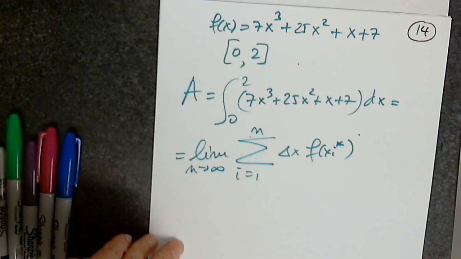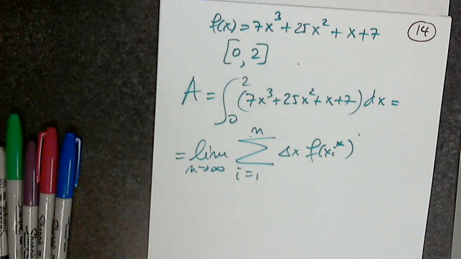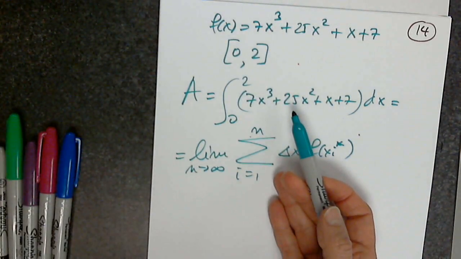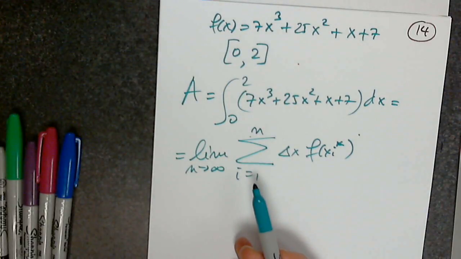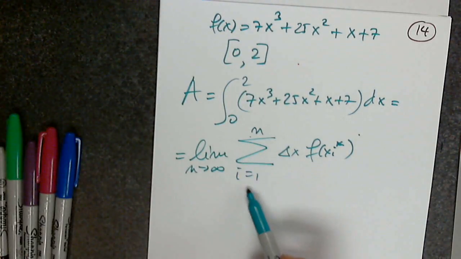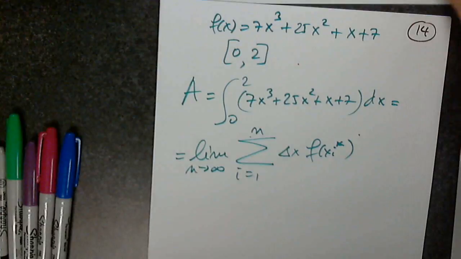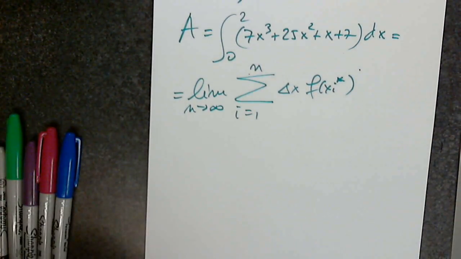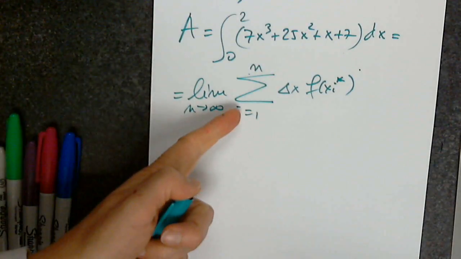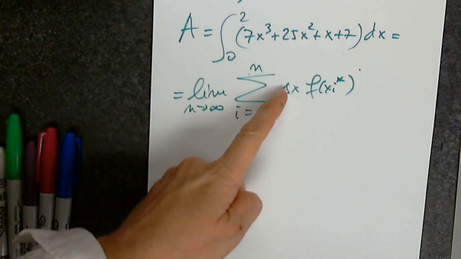It's up to you. Which one do you want to start with? You want to start by evaluating this first, or you want to start with the limit of the Riemann sum? This is the Riemann sum. Oh, this one will take longer. We want to start with this.